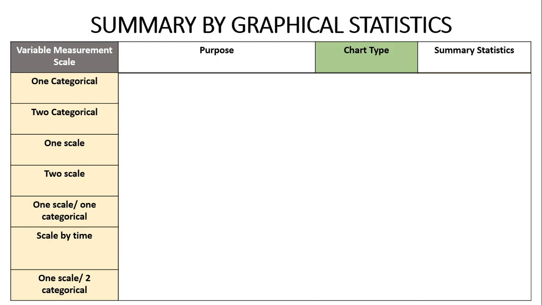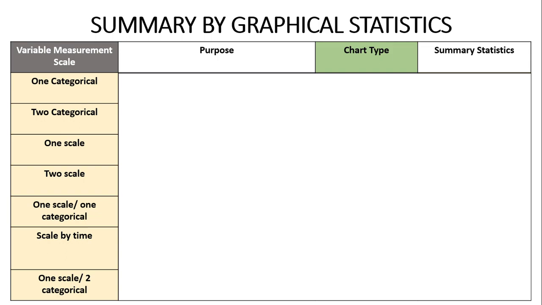Further, which graph to plot? That was another question we generally come across. Here you can see on my left-hand side the variable measurement scale. This means the type of measurement scale of a variable. One categorical variable, or you can say an ordinal variable. Two categorical means you have two categories, or two ordinal data points have more than two categories.